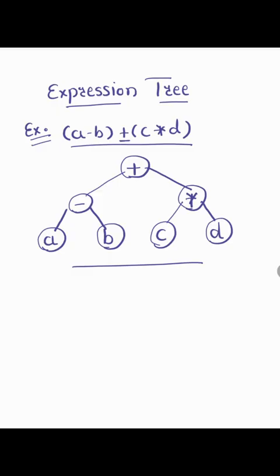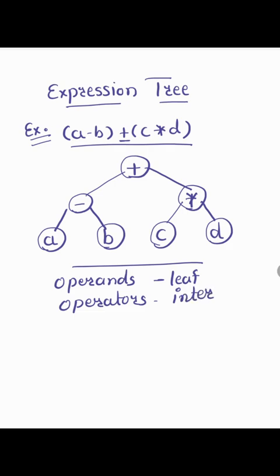As you can see, all the operands are at the leaf nodes, right? So that's always you need to keep in mind that operands must be at leaf nodes, whereas the operators are internal nodes, except the leaf nodes.